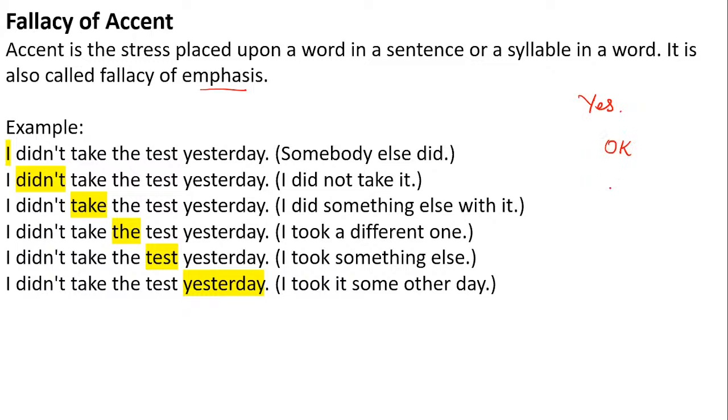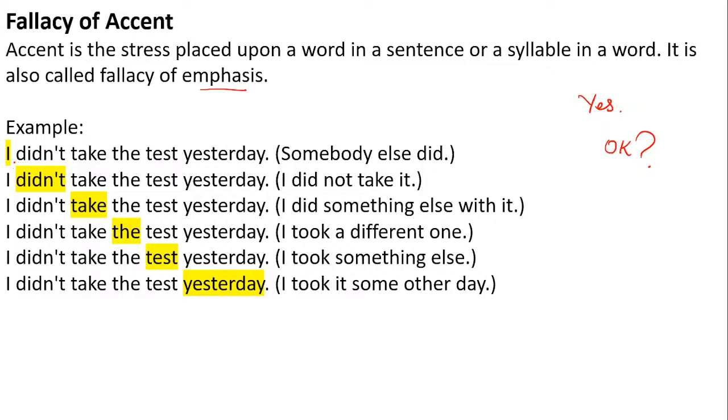Like somebody says, "How are you?" We say, "I am okay." Or you can say okay, that is a kind of a question mark. So the fallacy of accent is when stress is placed on a word differently, which brings a different meaning to a sentence.